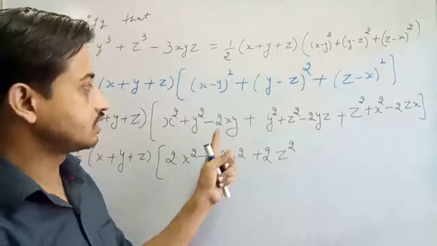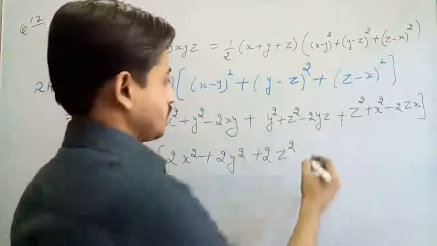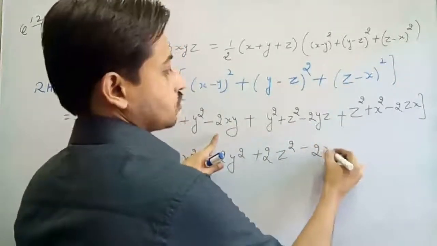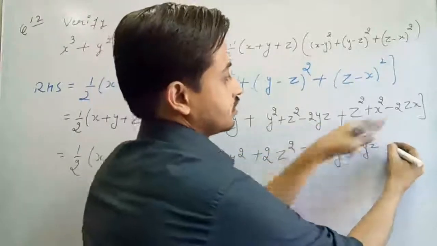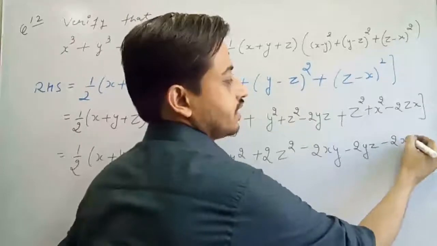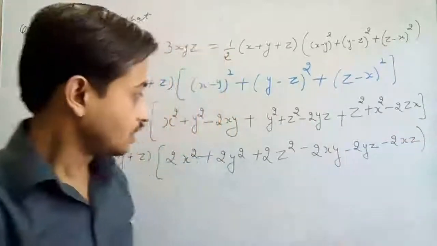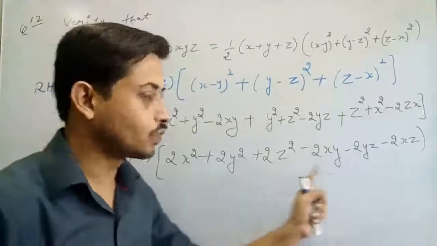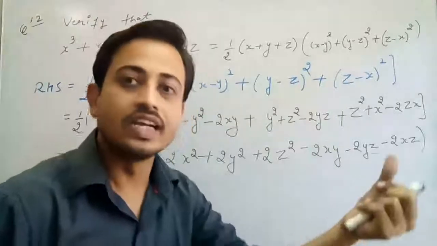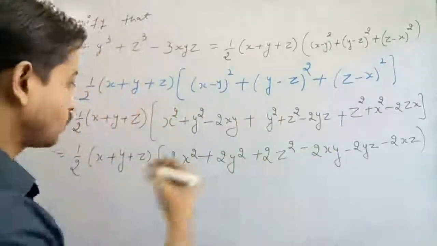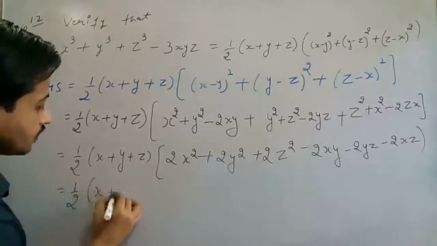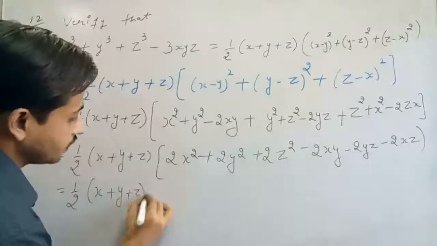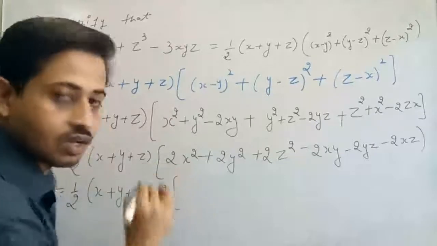Now write these three terms minus 2xy minus 2yz minus 2xz or zx. Now look at this 4, 2. So we can take 2 as a common. So try to take common: 1 by 2 x plus y plus z into 2 as a common.